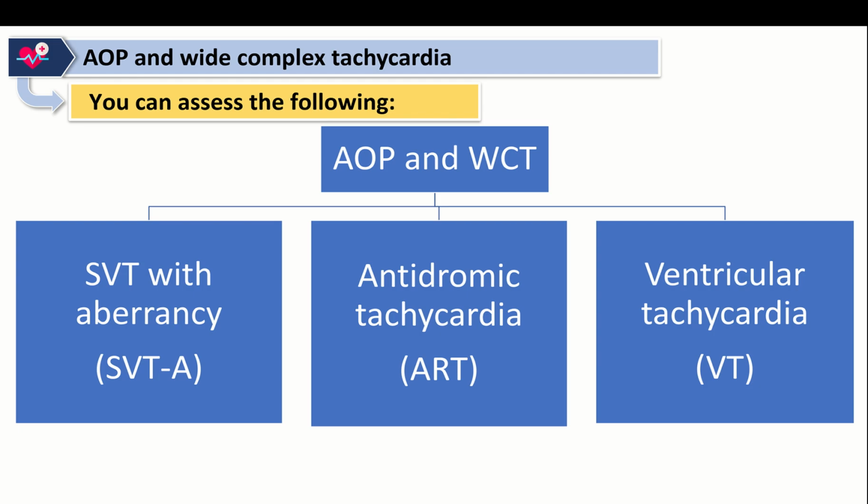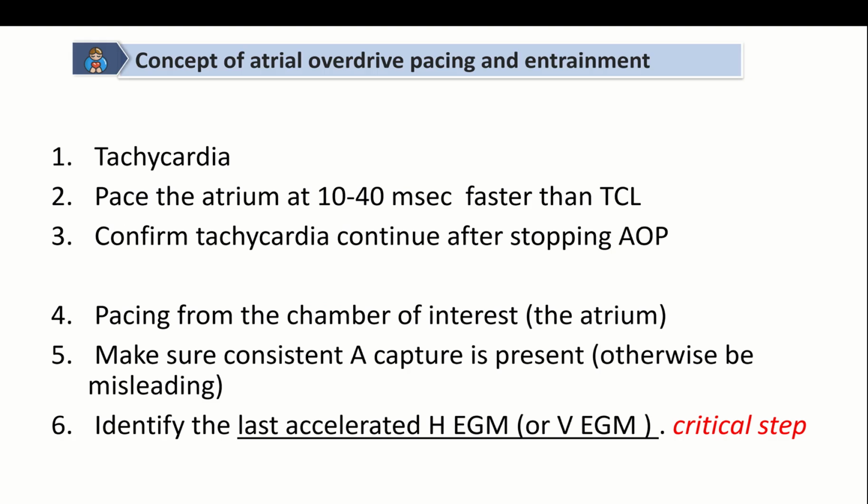Is it a critical situation like VT, where we have to give a shock if the patient is unstable, then go to ICD and VT ablation, or is it just SVT with aberrancy, and I have to ablate just the slow pathway or accessory pathway? Which of which? Then we will see how atrial overdrive pacing is very useful to guide us.